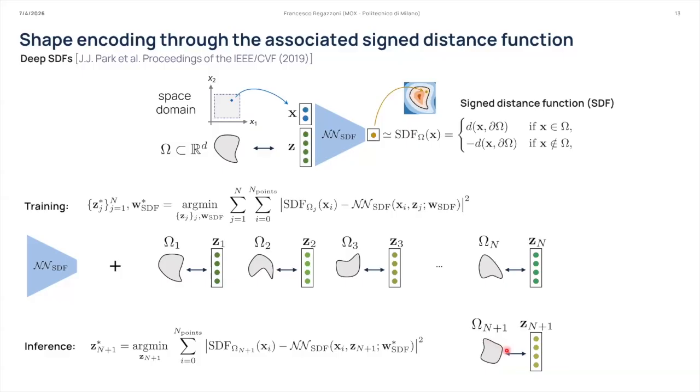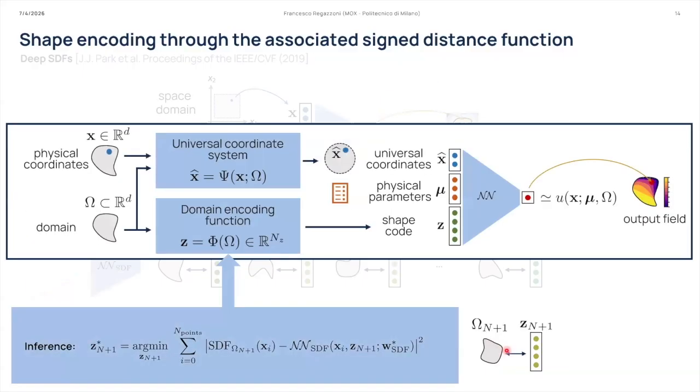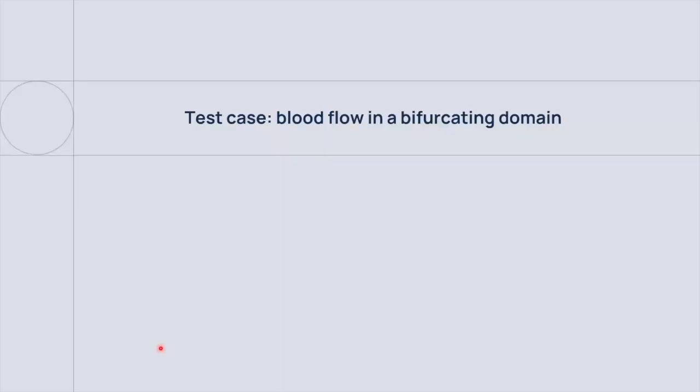And this inference problem, so this minimization problem, defines the domain encoding function. So evaluating the shape codes consists in solving this minimization problem that is, however, very lightweight because we are minimizing in a small dimensional space.